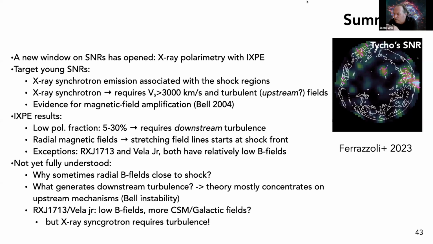I see Anatoly's hand, so maybe he has some answer. Of course, in PIC simulations you see downstream turbulence, but you need predictions to compare it to, and I think that's not happening. Andrei Bykov's paper was basically setting up a spectrum. It was not a self-consistent modeling of the turbulence downstream.